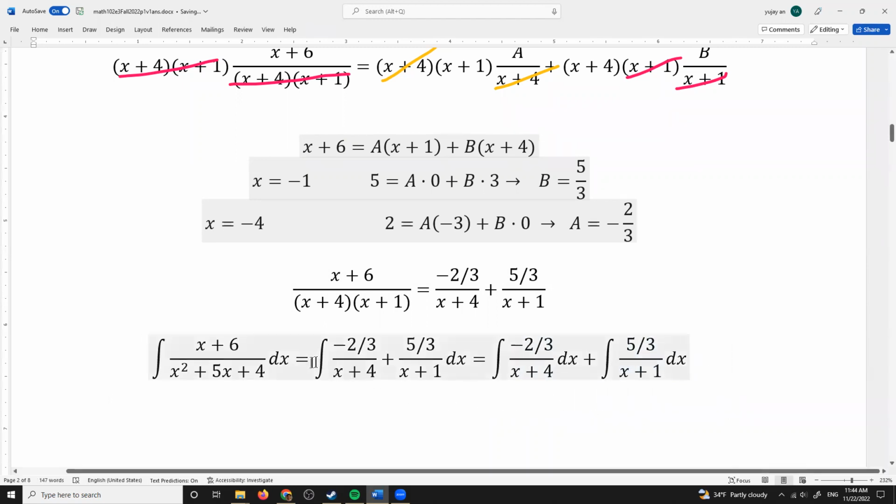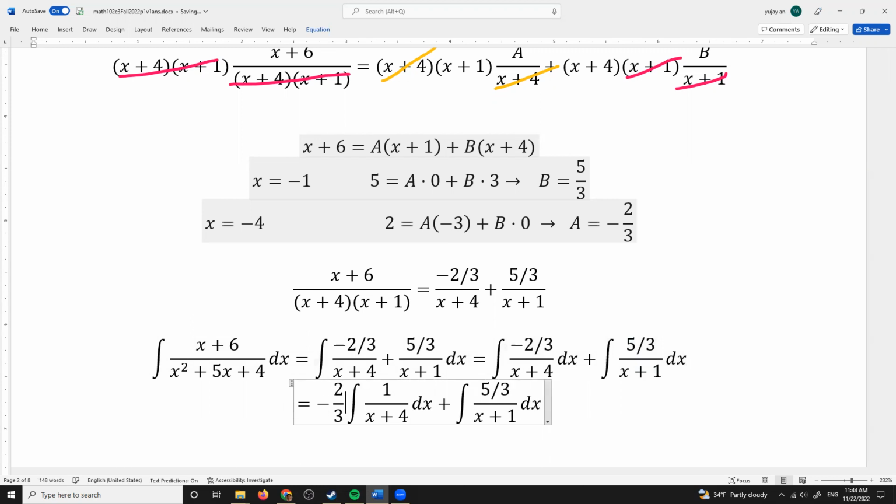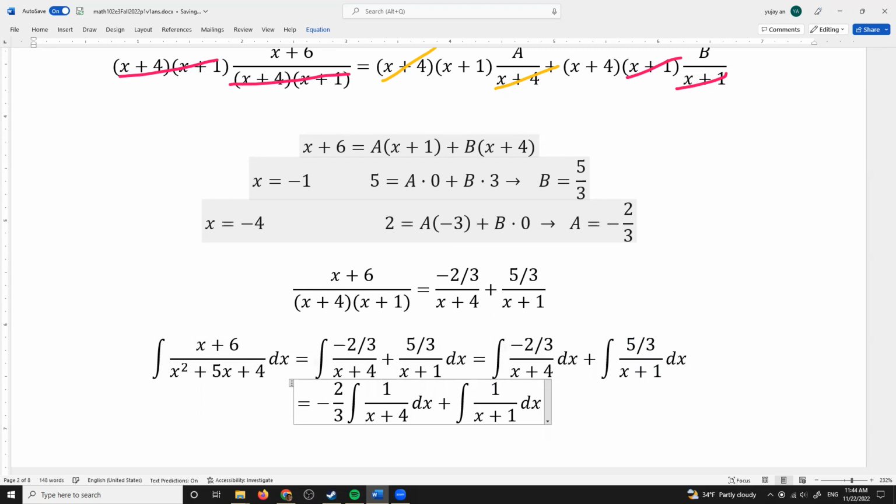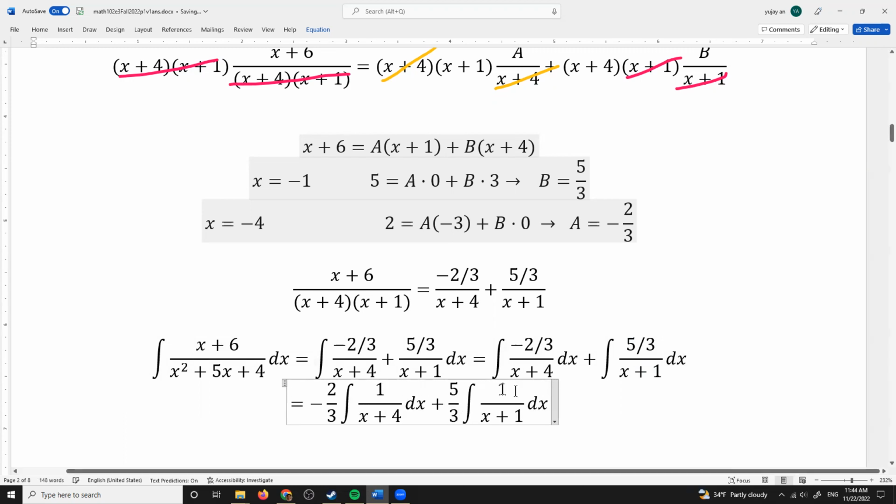Okay, so this thing now splits into 2 integrals, and you can also pull out -2/3 outside. So put 1 and then put -2/3, and pull the 5/3 outside. And therefore now you can do these integrals.